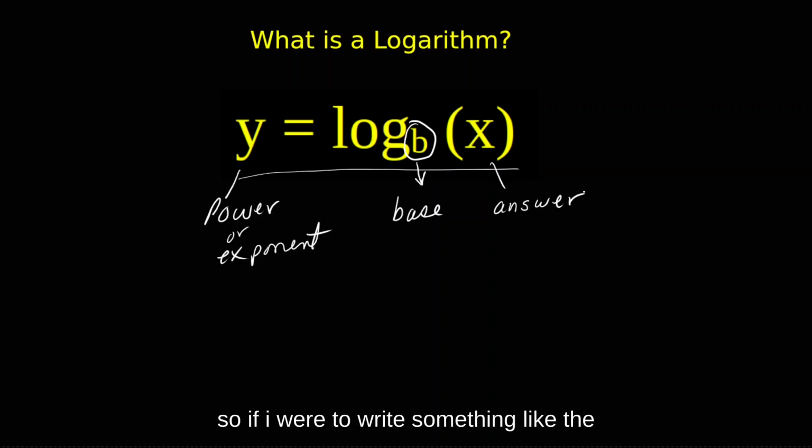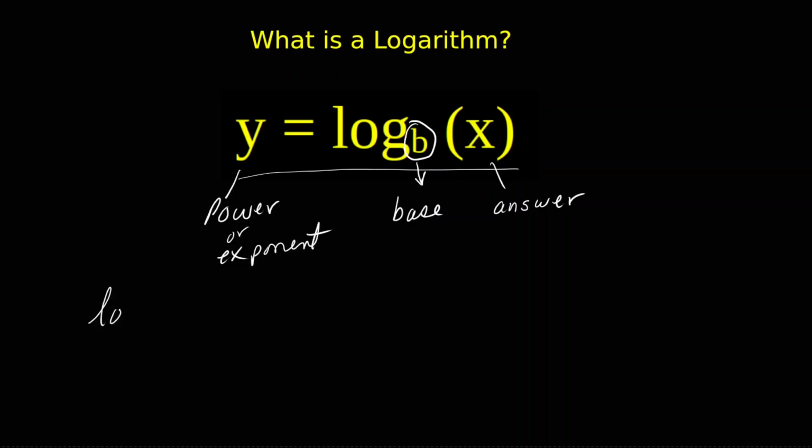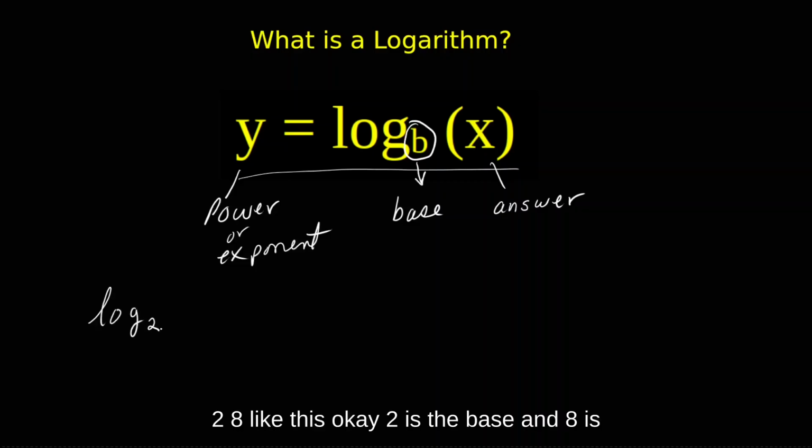So if I were to write something like the log base 2 of 8 like this, think of it like this. 2 is the base, and 8 is the answer. We raise it to some power of x.